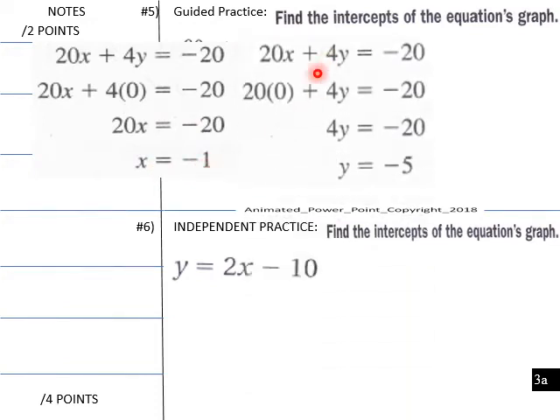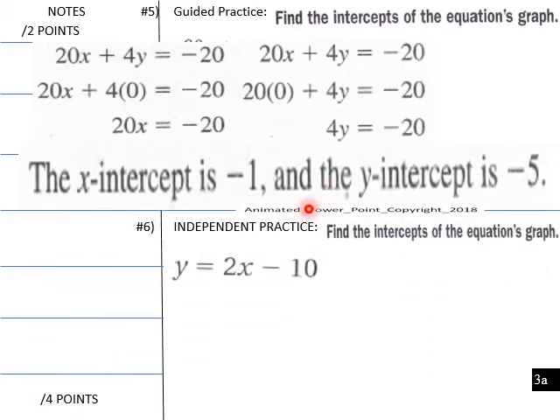Then for y, we let x equal 0 and solve for y. We get 4y equals negative 20, so y is negative 5. So the x-intercept is negative 1, and the y-intercept is negative 5.